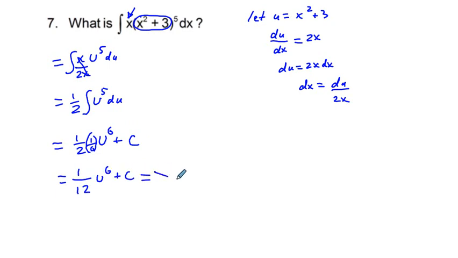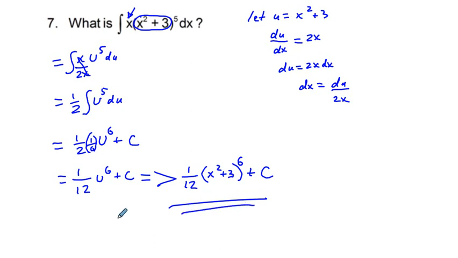And then we can substitute in for our original u and get 1/12 times x squared plus 3, to the power of 6, plus our constant of integration c. So that's what our answer is there.